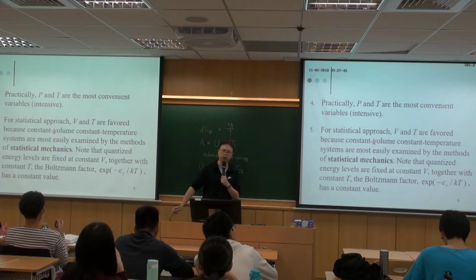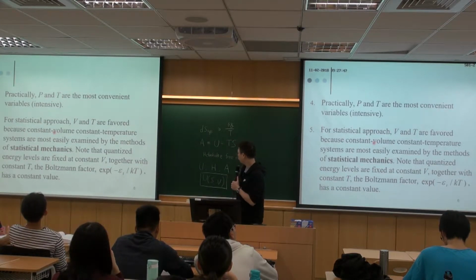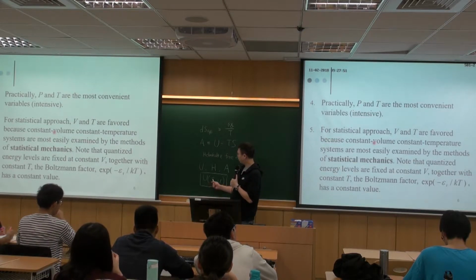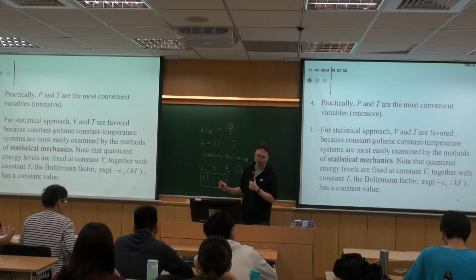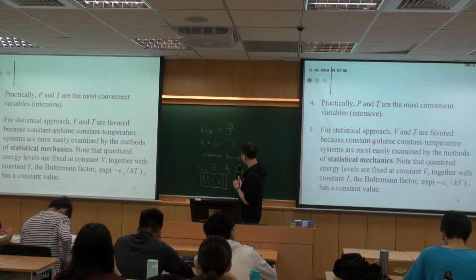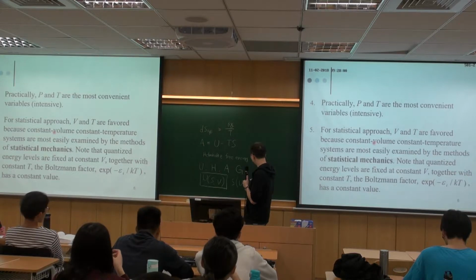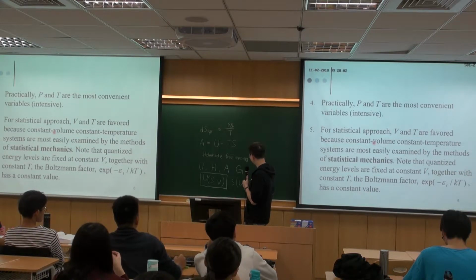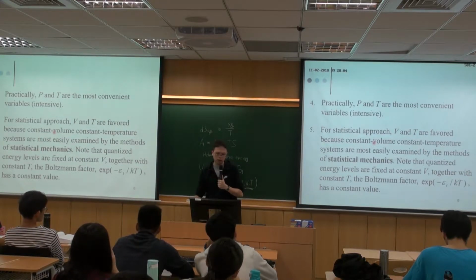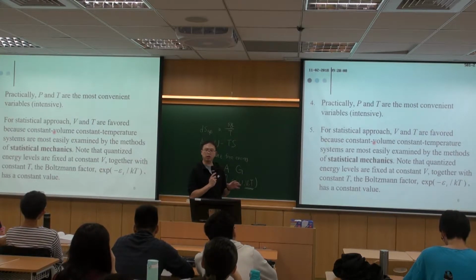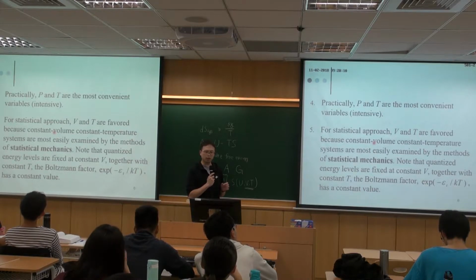Actually, we saw this earlier when we tried to derive, I think, the entropy of the ideal gas. We used it as a function of, for instance, U and V and T. Sorry. So volume and temperature are also favored when you're dealing with statistical mechanics.